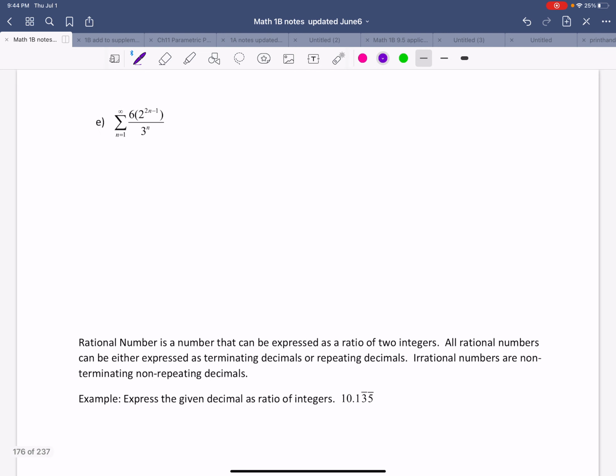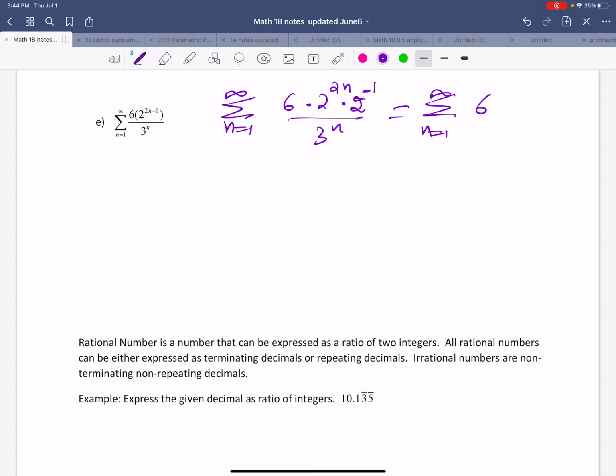Another example, summation n equals 1 to infinity. Again, this is not in a very nice shape and form yet, so I'm going to try to rearrange and see if it is like a geometric series. I'm going to write it as 2 to the power 2n times 2 to the power negative 1, over 3 to the power n, summation n is equal to 1 to infinity.